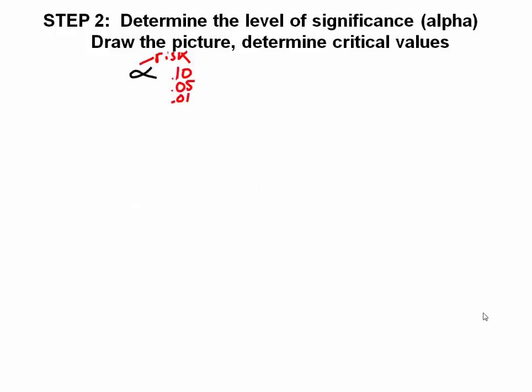In determining the level of significance, once we're given it, we don't have to determine it. We draw the picture and determine our critical values. So as you can see, our alpha levels, or our levels of risk, are 10%, 5%, and 1%, as noted with a confidence level of 90%, 95%, and 99%. So if we draw the picture, we know in this case we have 2 tails and 90% is in the middle.